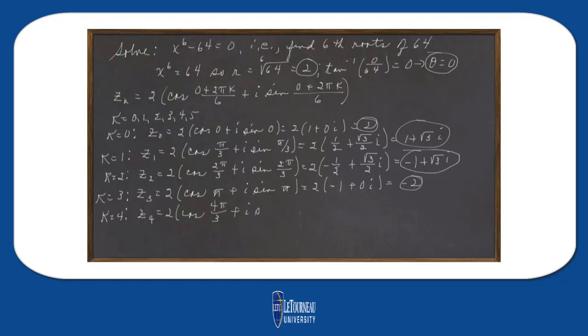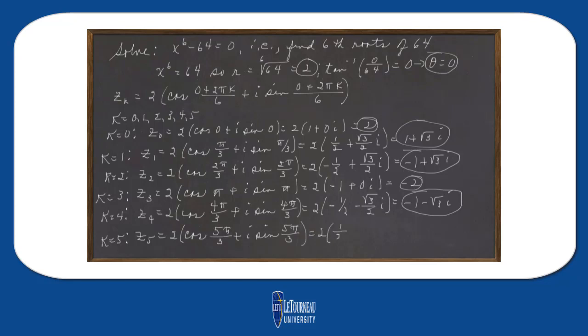Remember, we have symmetry going around the circle, and so these all have the same numbers, just different signs. And for our last one, k equal to 5, we get 2 times a half minus the square root of 3 over 2 i. You notice 4 of those look a lot alike, and then we have the 2 and the minus 2.